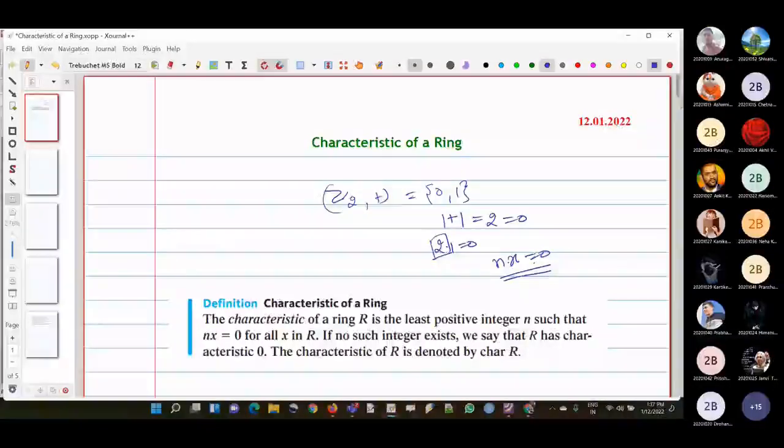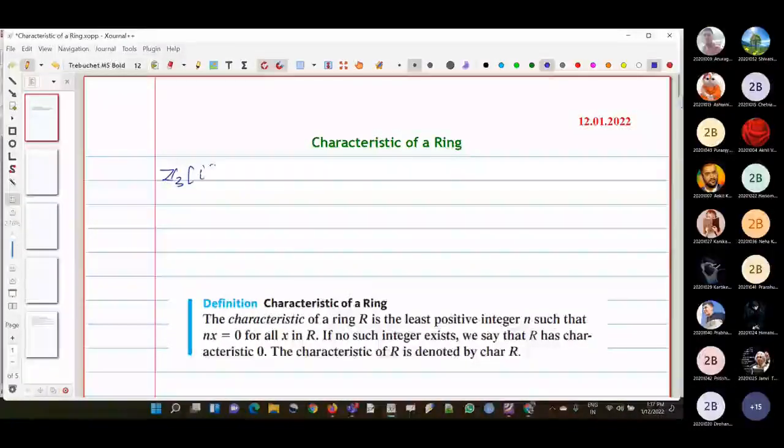So, for example, if you take Z3[i], this is the set of numbers of the form a plus ib, where a and b belong to Z3.